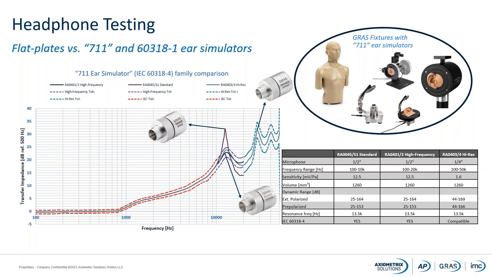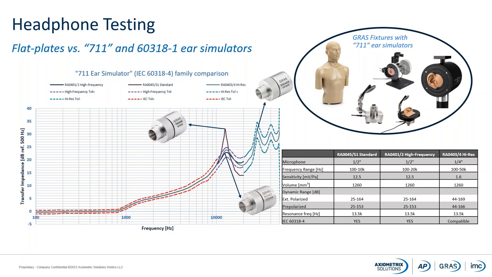Some of you are interested in measuring even higher up in frequencies. Some of you are interested in measuring according to the high-res Japanese standard, up to 50 kilohertz, and that's actually possible with our high-res ear simulator.